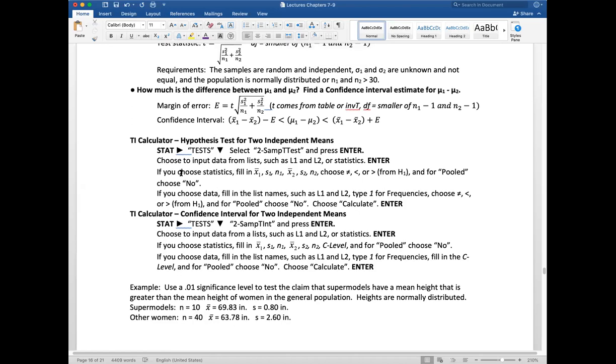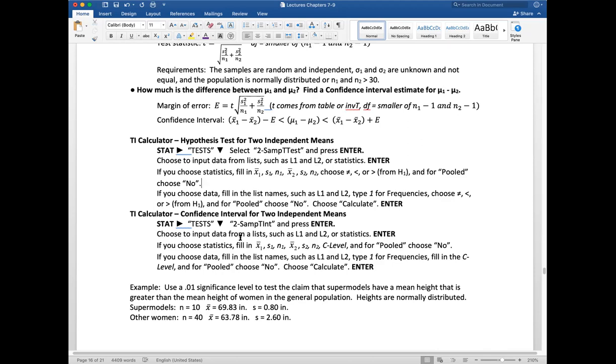I told you, what if the problem gives us all the sample statistics instead of data? Then you fill in x1 bar, s1, n1, x2 bar, s2, n2. Keep this in mind. Pretty much you follow those steps to reach the conclusion about hypothesis testing for two independent means. What else counts is the interval.